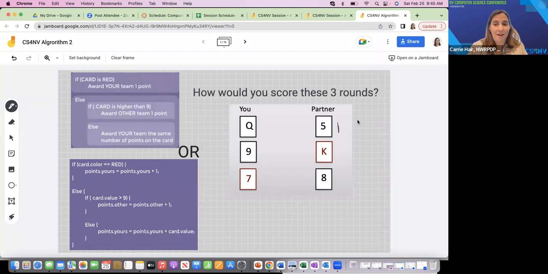It's lower than 9, so I'm going to give myself 5 points. Okay, so it looks like in round 1, you got no points. Your partner got 6 points: 5 points for the card that was not red, but lower than 9, and 1 point for you having a card that was not red, but higher than 9.